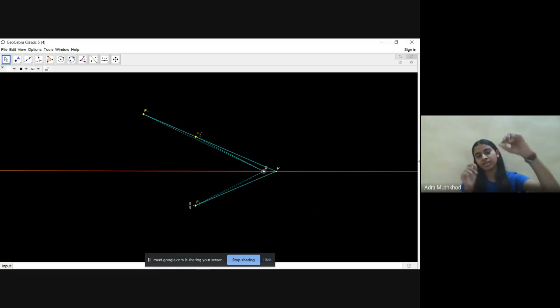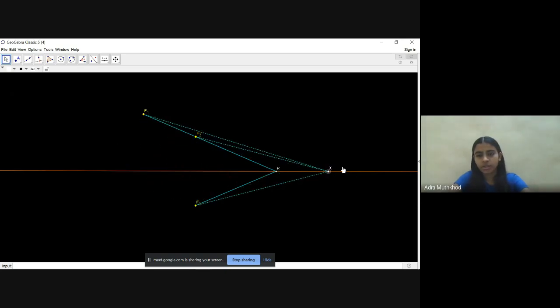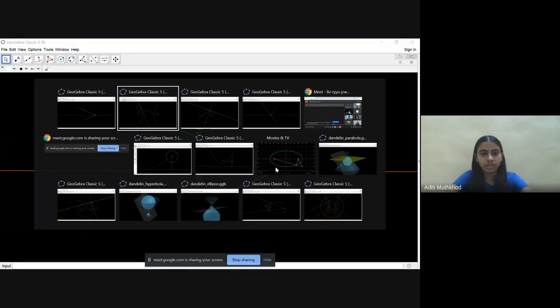This is F1, F2, and you have a random line, and you are comparing the difference of distances. So XF1 minus XF2 is going to be something random, and it will be maximum only at one point, and that point lies on the hyperbola.